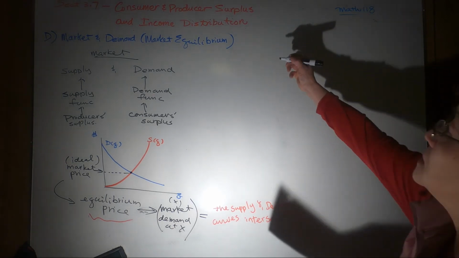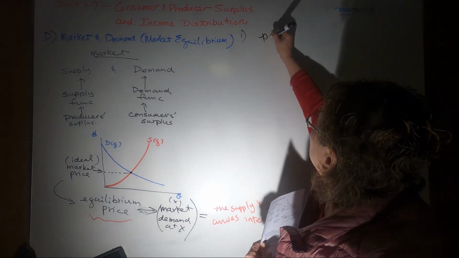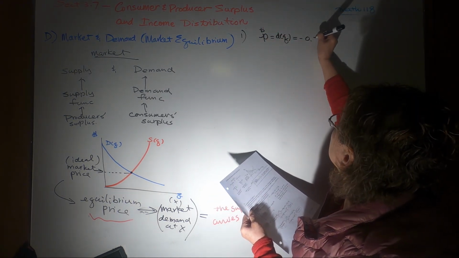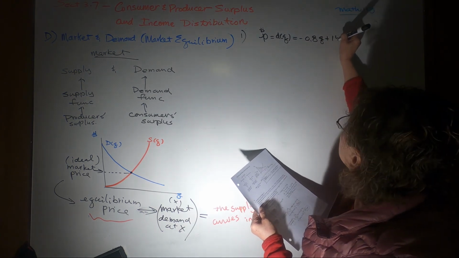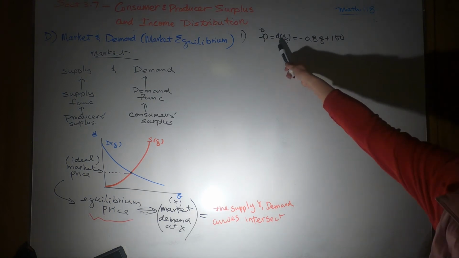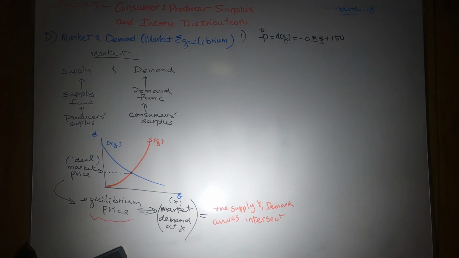Okay, so let's see an example. Market equilibrium. Suppose the demand for a product is given by this. That's our price for the demand quantity. It says the more quantity you have, the more the price will drop, right? That's how a demand function naturally behaves.